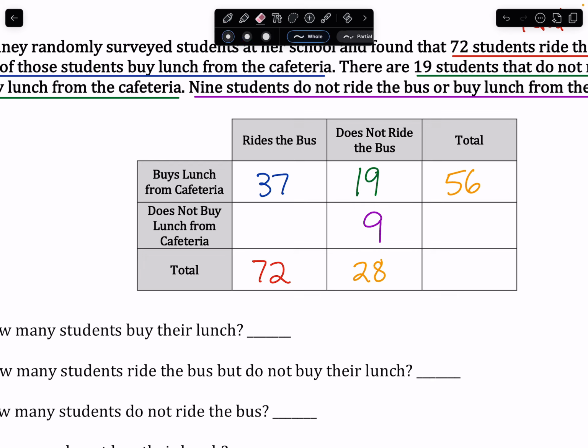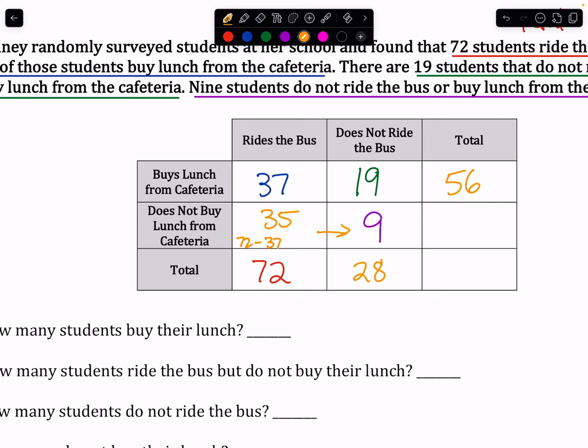We can do a little backwards mapping here and ask ourselves, 37 plus what would give me 72? Another way of thinking about that would be 72 minus that first 37, which gives us 35.